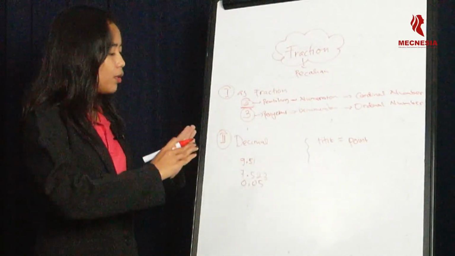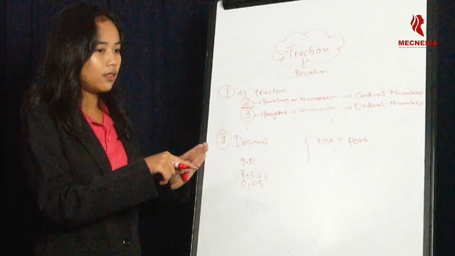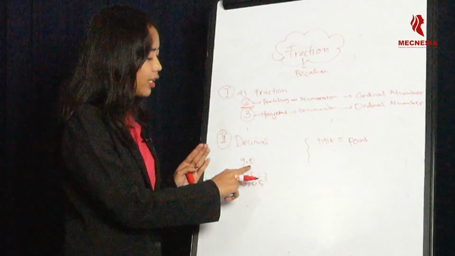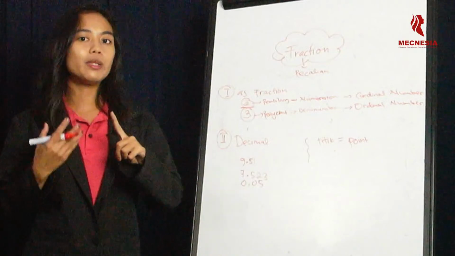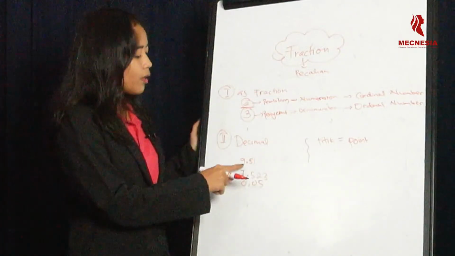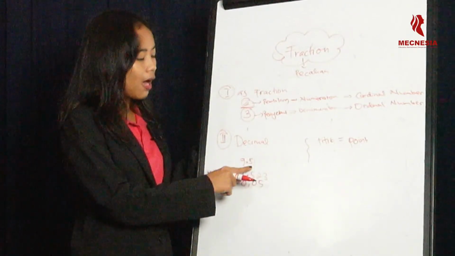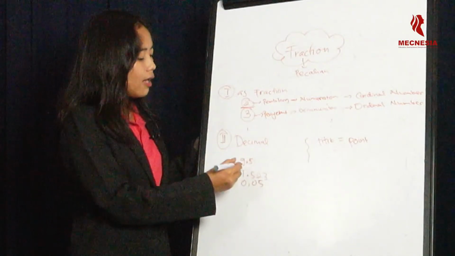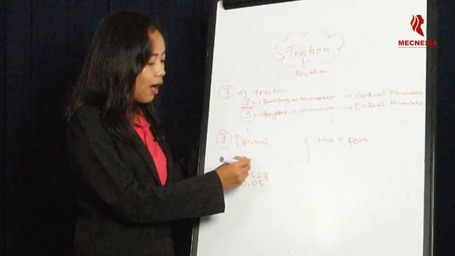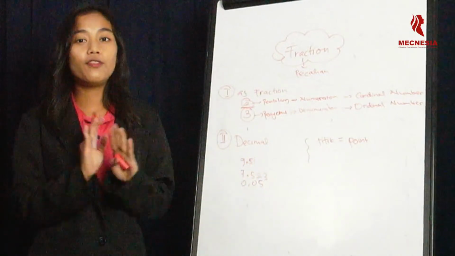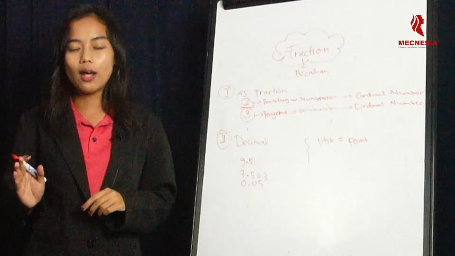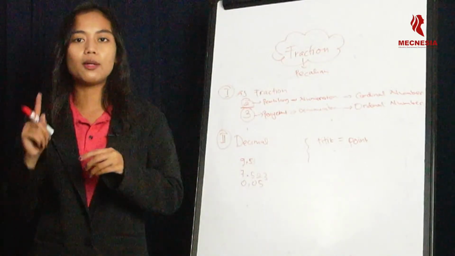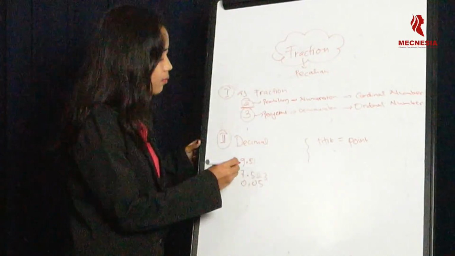But, the numbers after the point. Tapi untuk angka setelah poinnya, we read it one by one. Kita bacanya satu demi satu. For example, 9.51. Nine point five one. Not fifty-one. Jadi bukan fifty-one, but five one. We read it one by one. Kita bacanya satu demi satu.